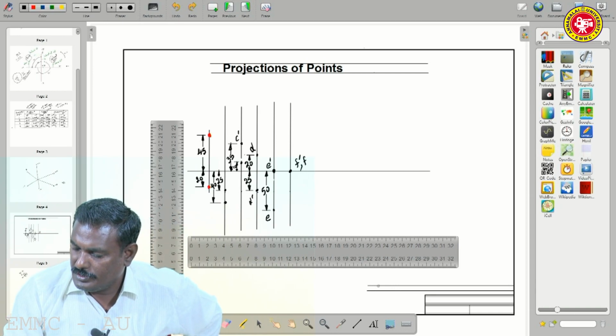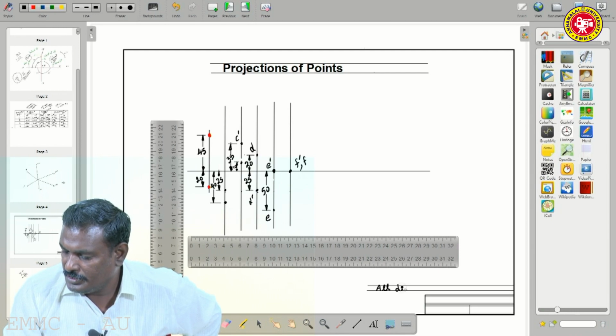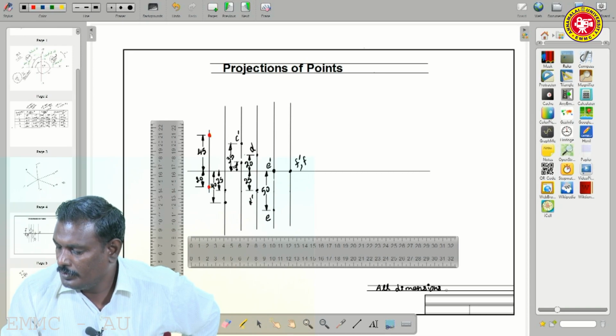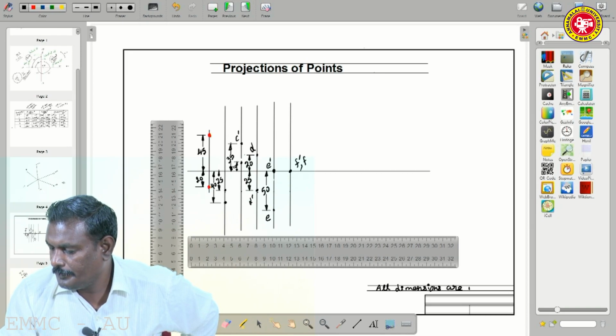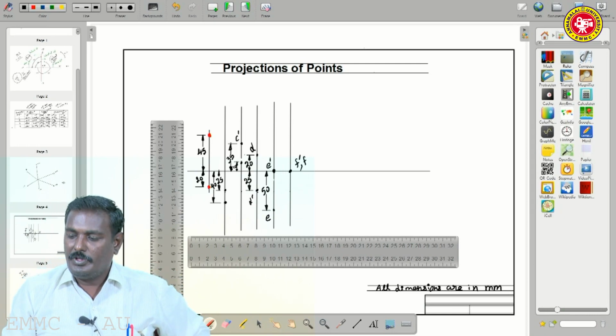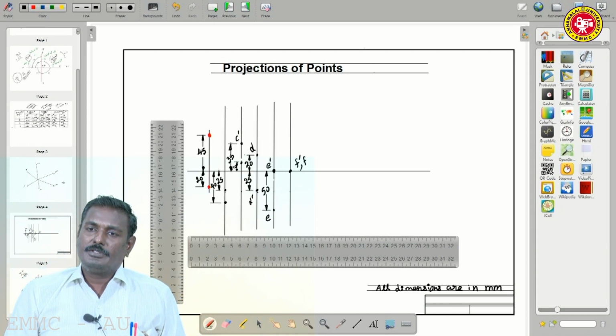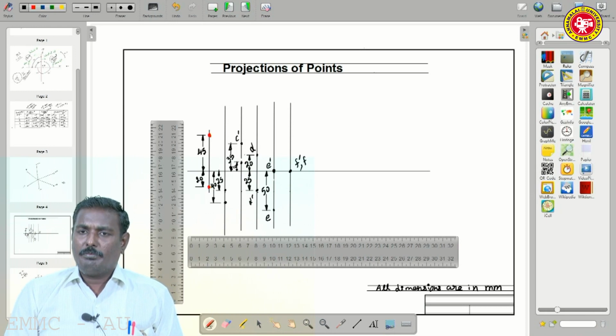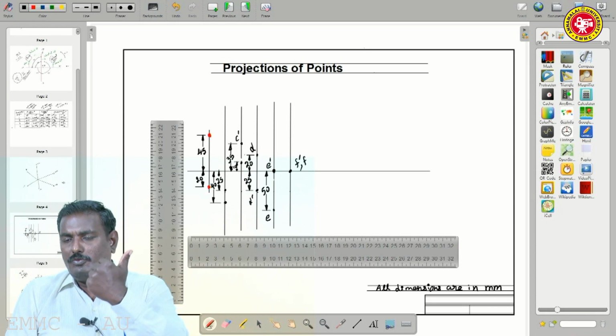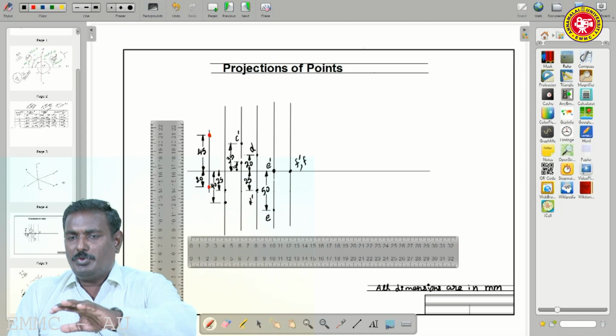So we have to write that all dimensions are in millimeter. So we have to write it like this. So this is the concept. In this way only we have to generate these projections.